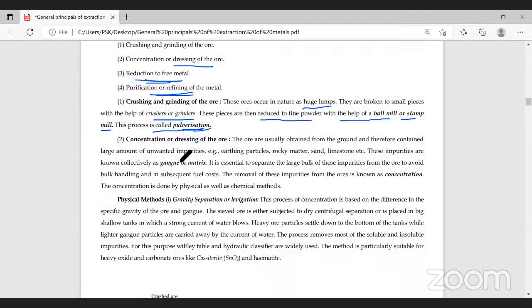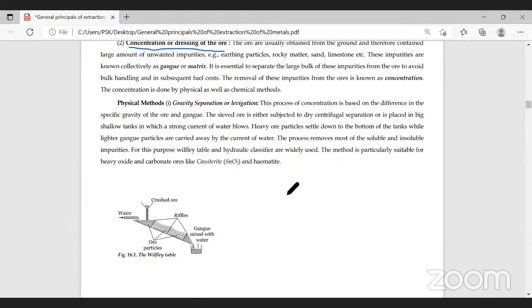Next is concentration or dressing of the ore. What is this concentration? For example, take 5 kg of gold ore. Assume that 50 grams of gold is present in it.